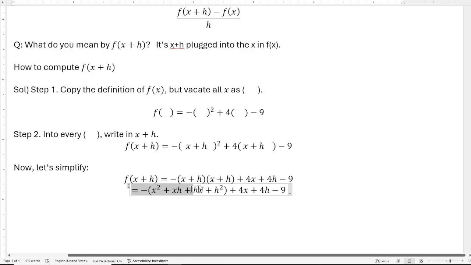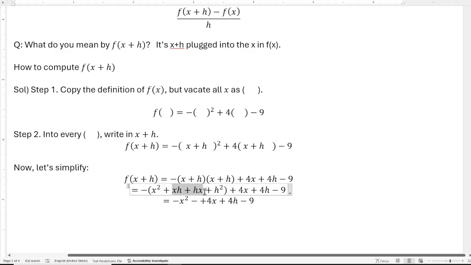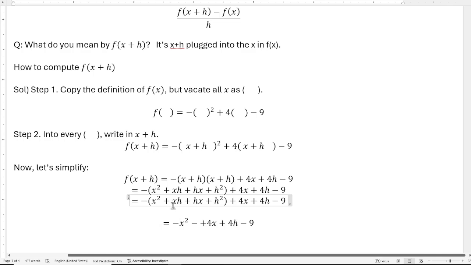Okay, and then you distribute the minus sign, so it's going to be negative x squared. Oh, by the way, these are like terms, right? So let's combine it to 2xh. Again, hopefully you don't have to do it like this.